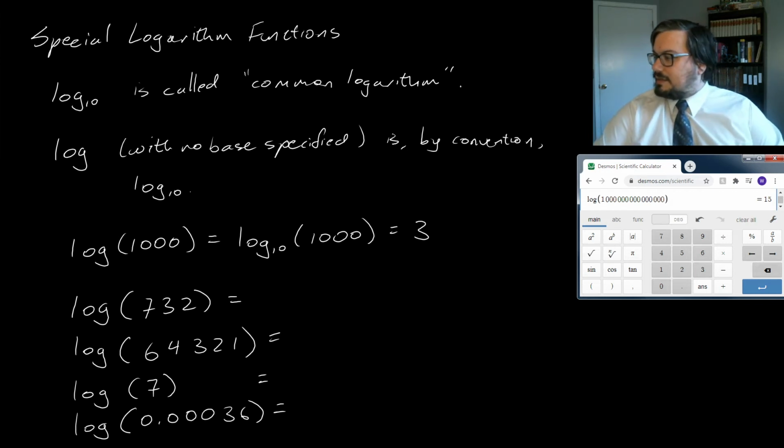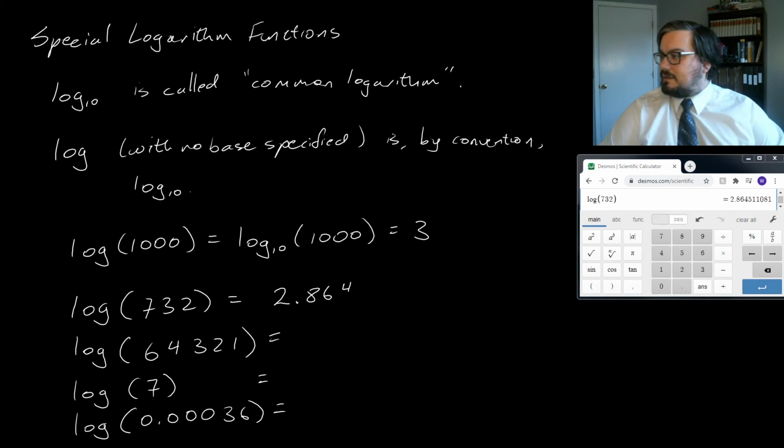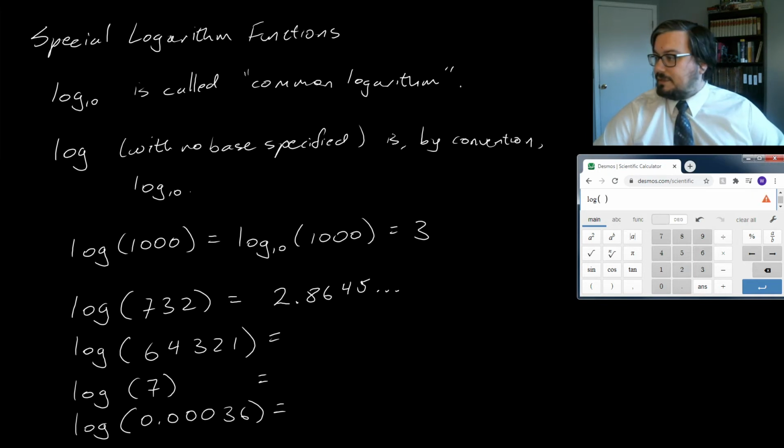All right, so let's get rid of all those, and let's do a logarithm of 732, which is 2.8645, etc., etc. And this is really all there is to it if you need to evaluate a logarithm, and an approximation will do, which is usually the case.